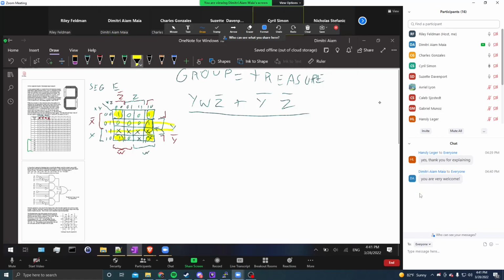From here to here is the domain of Y, right? Because this group doesn't cross the line. If there was a group over here, it crosses the line of Y. For example, this is X, right? You see X here?